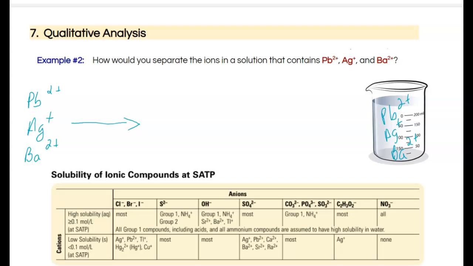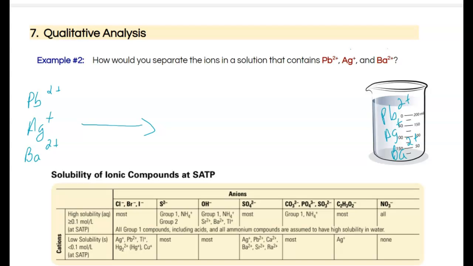Okay, so let me just backtrack on that for 1 second here. So I'm going to look at my solubility chart and see what substance will precipitate out one of them but not the other.